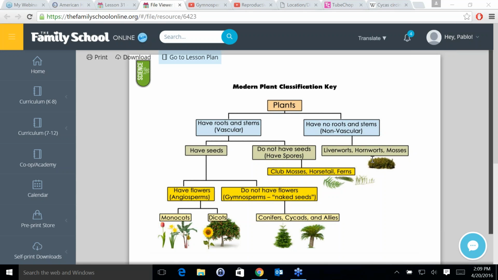If they don't have xylem and phloem, how do they move the water and the sugars that they produce around? What do you think? They don't have these tubes.